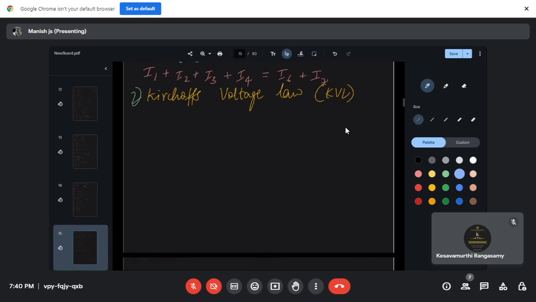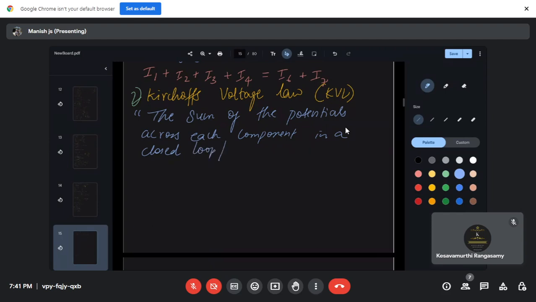It states that the sum of the potentials across each component in a closed loop or circuit is always equal to 0.